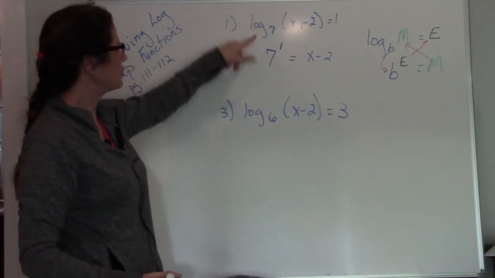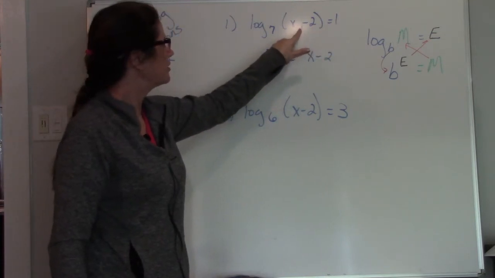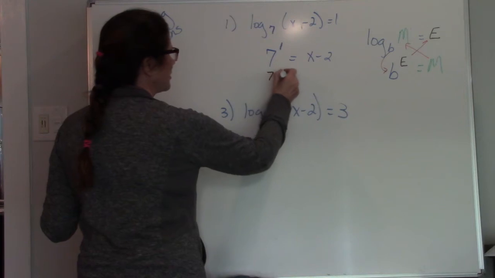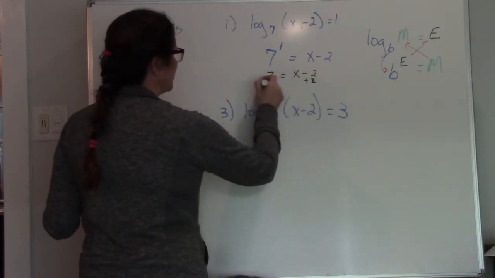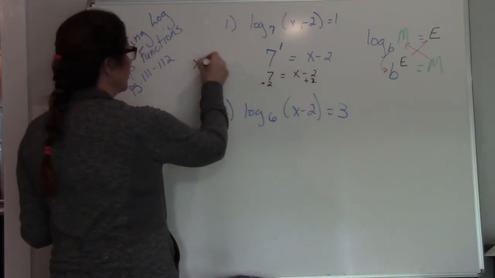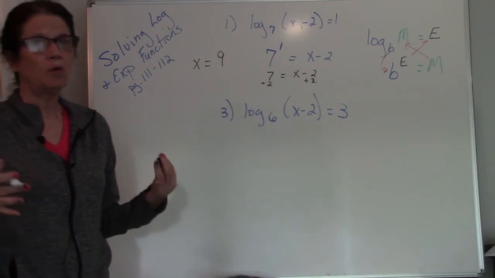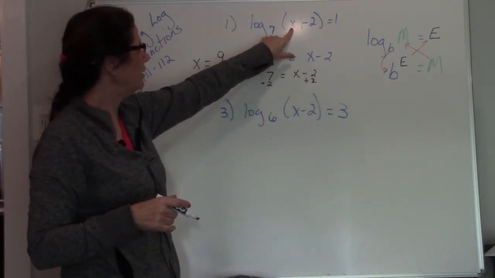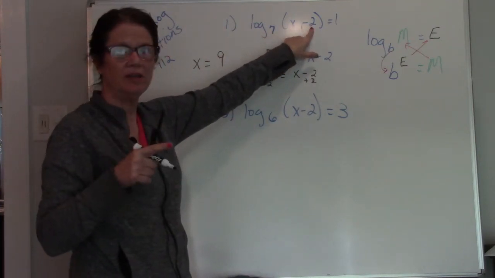Okay, so back to this one. This is the base, this is the exponent, this is the total, and now I can solve it. 7 to the first power is 7 equals x minus 2. Solving for x, I'm going to add 2 to both sides. So for number 1, I get x equals 9. Now, you can always plug this back in and double check. If x is 9, then 9 minus 2 is 7.